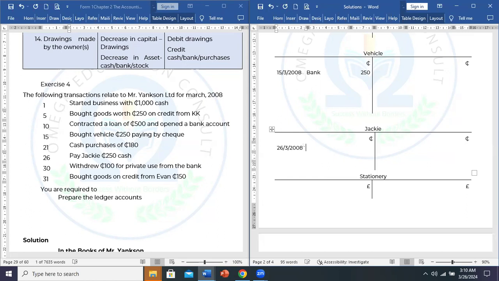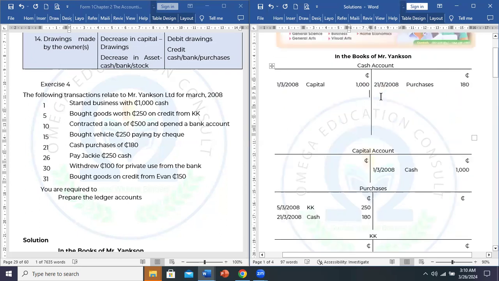We'll debit Jackie with cash of 250. And then we credit cash since we paid. Because we made the payment, cash decreased. That's why we are crediting cash.